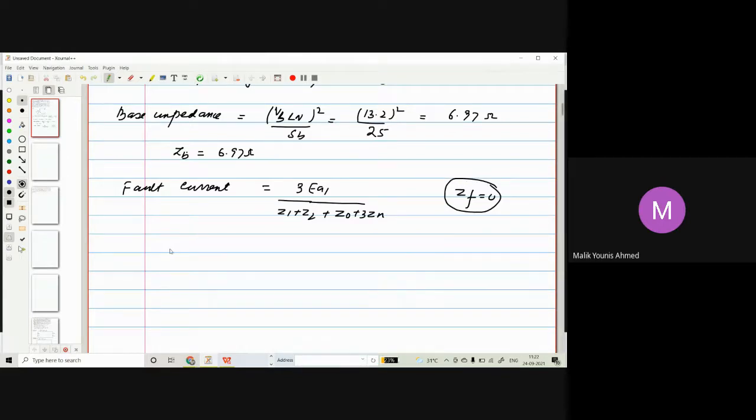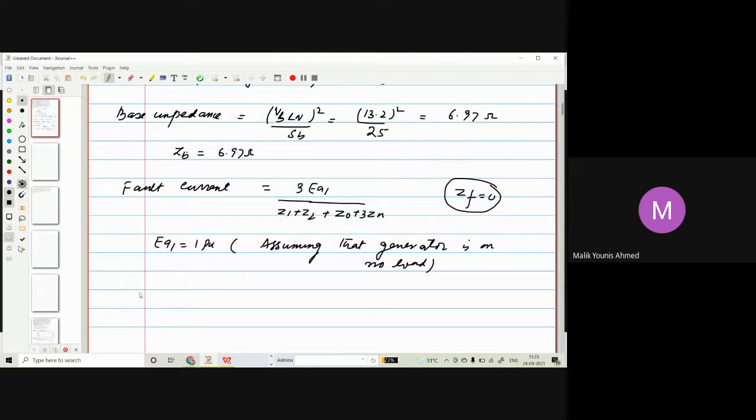Let us assume EA is 1 per unit. Normally in pre-fault conditions we assume the generator is on no load. It's an unloaded alternator, as we know.